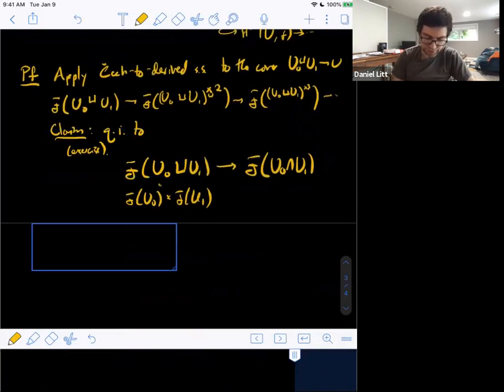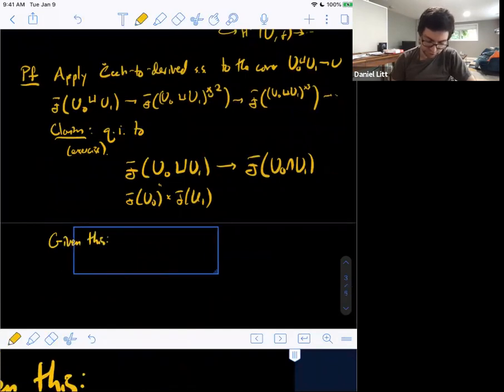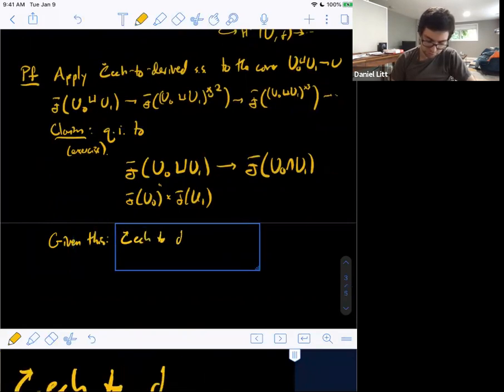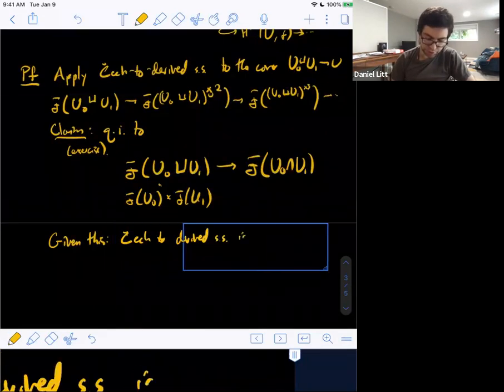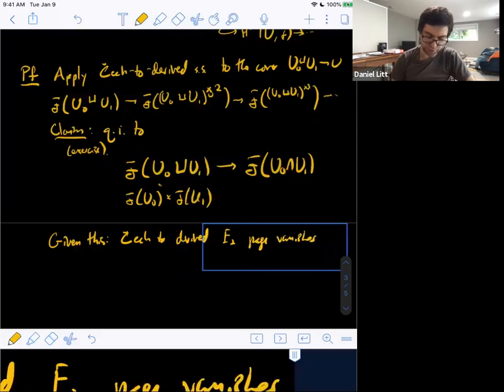Once you have this, given this, the Čech-to-derived spectral sequence now just vanishes, so the E2 page vanishes except for the first two columns.